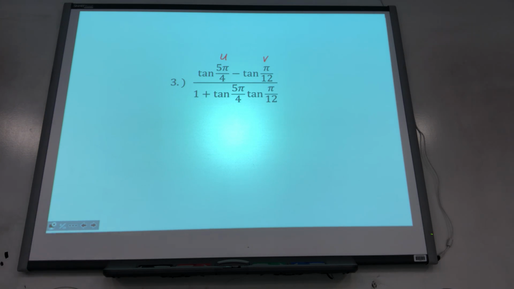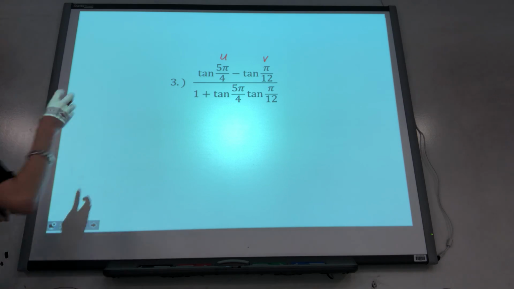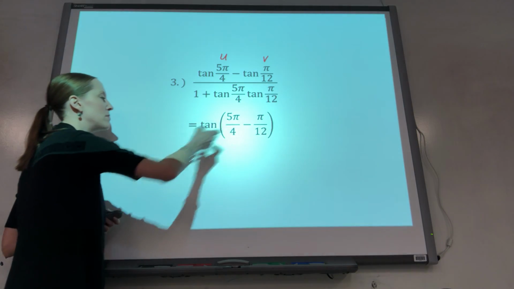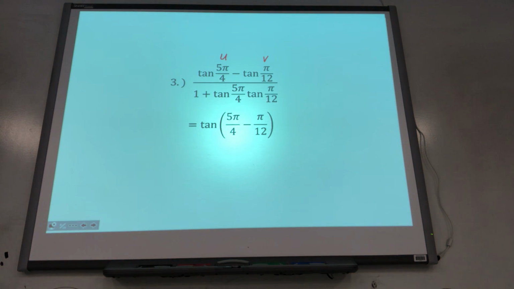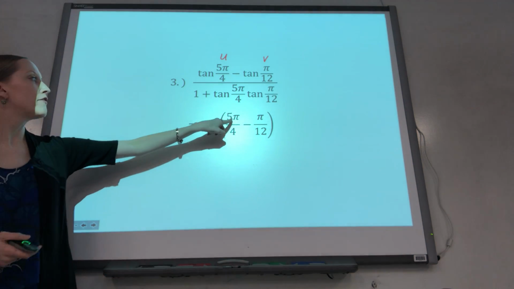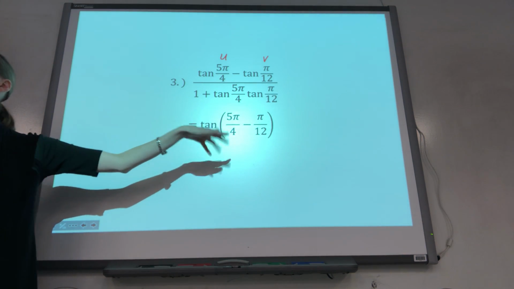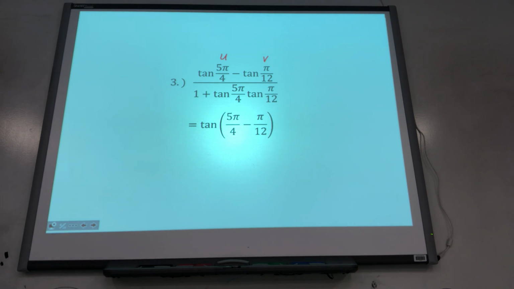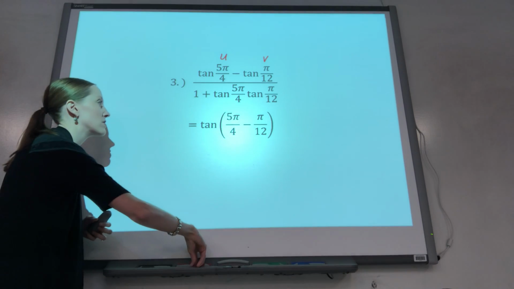Now, the order didn't really matter too much when it was a sum, but subtraction is not commutative, so you have to put it in this order: 5 pi over 4 minus pi over 12. It would not be the same thing if you switched those around.